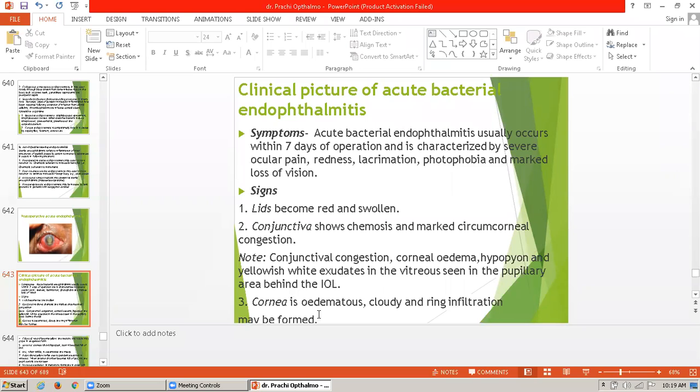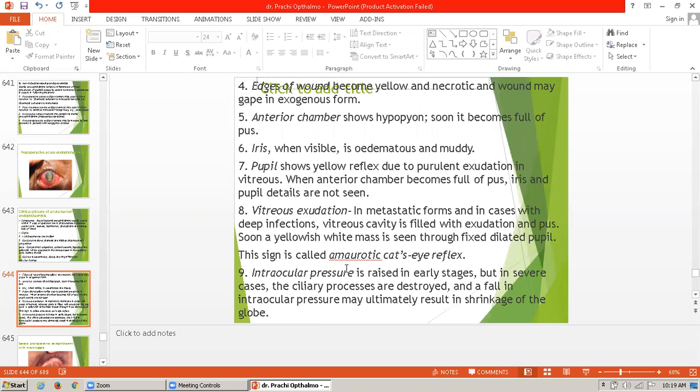The cornea is edematous, cloudy, and ring infiltration may be found. Fourth, the edges of the wound become yellow, necrotic, and the wound may gap in the exogenous form.